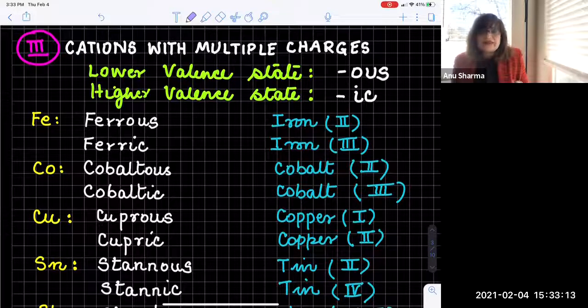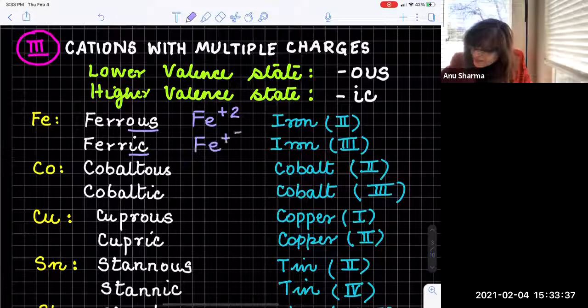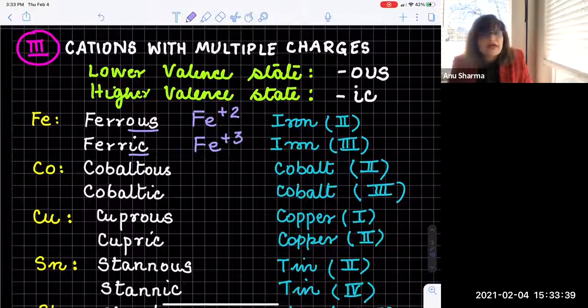Valence state is like the charges: the lower charge is ous, the higher charge is ic. So ous is Fe +2 and ic is Fe +3. Okay, Fe +2 and Fe +3.